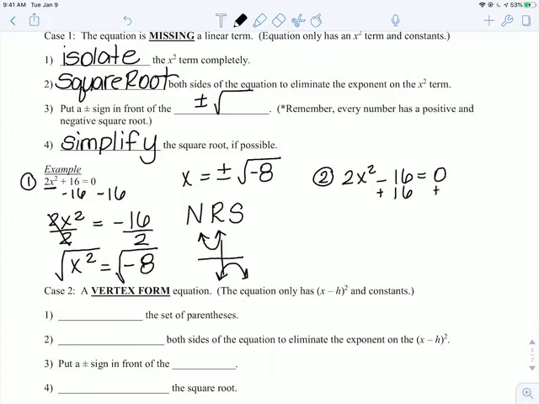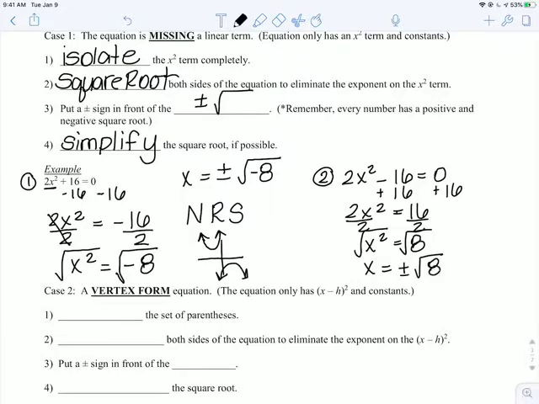We'll add 16 to both sides to try and isolate the quadratic term. We will divide out 2 on both sides to get x squared is equal to 8. And then we'll take the square root of both sides, so x is equal to plus or minus the square root of 8.